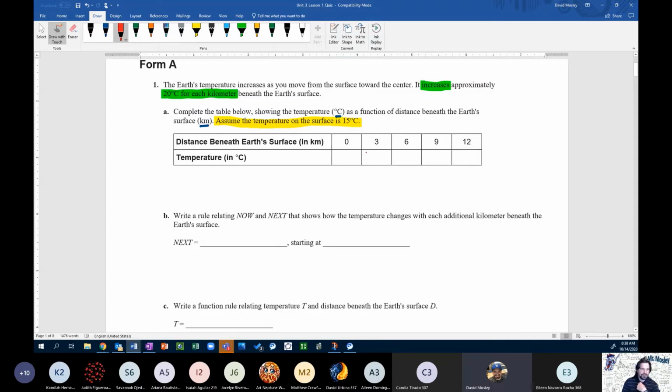The temperature is increasing, so that means this row needs to be increasing, to know which way we're going. Yes, that's going to help us know it's positive. Our temperature should be increasing, so that's good to know. We have a positive.